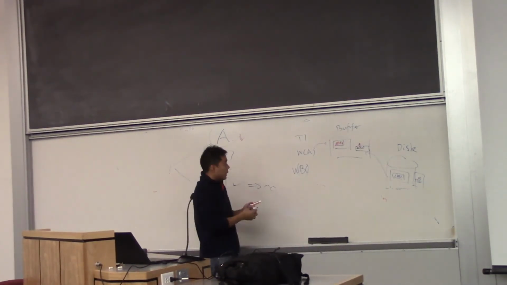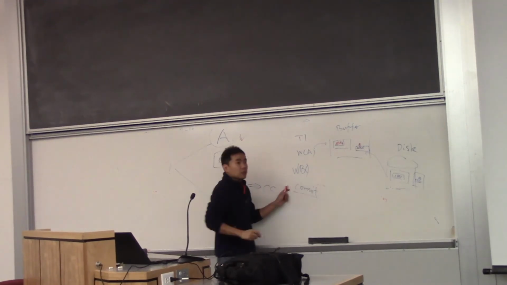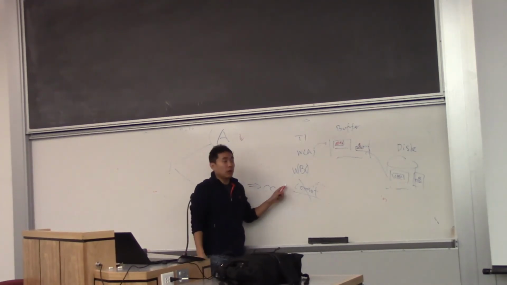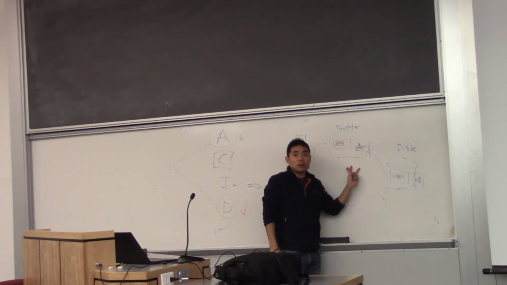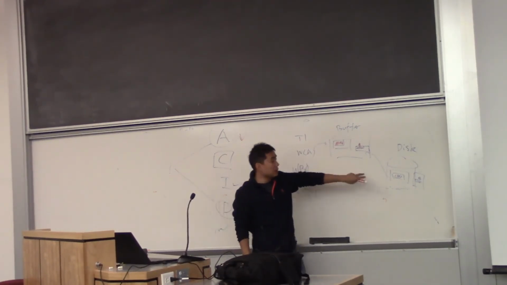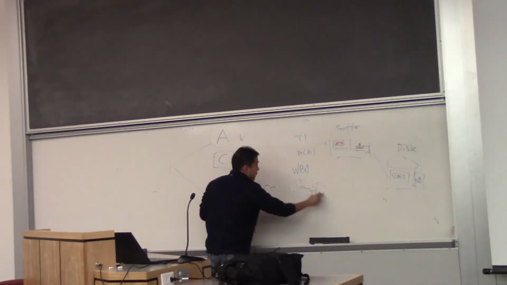Force policy says if now you're ready to commit, I'm not going to allow you to commit if it's like this. What's the problem? The changes you have made are only reflected in memory and not reflected on disk yet. If I allow you to commit, what may happen? Someone tell me.